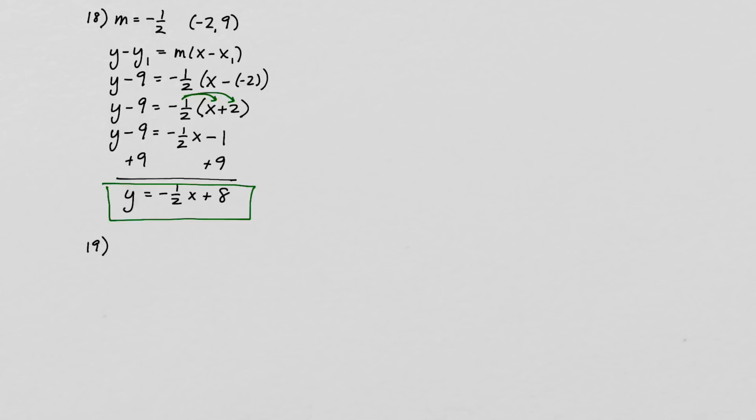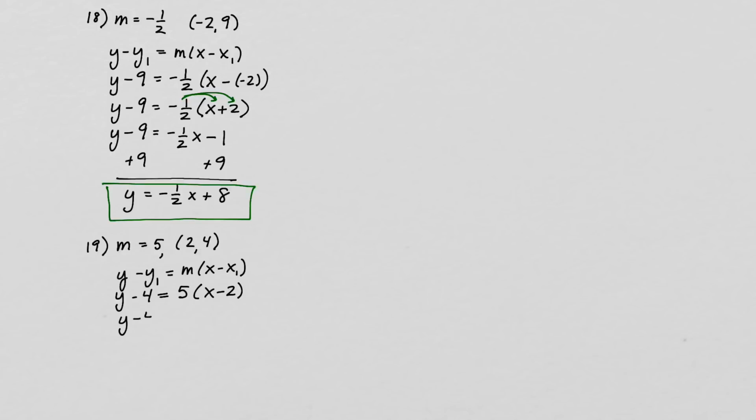19 is another nice one where they just give us the slope. So m equals 5, and they give us the point 2, 4. So again, y minus y1 is going to be m times x minus x1. So y minus 4 is going to be 5 times x minus 2.